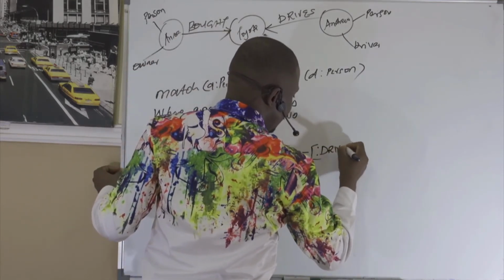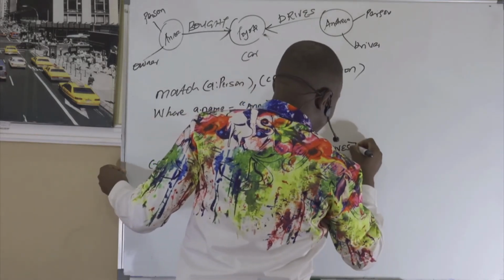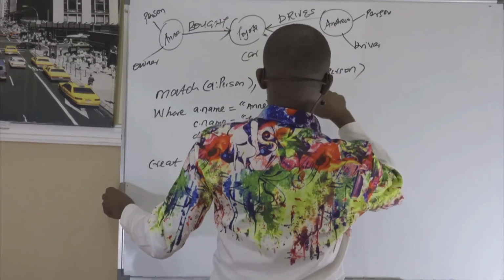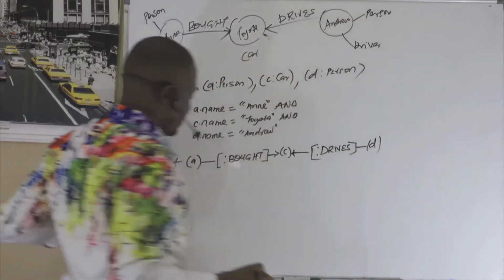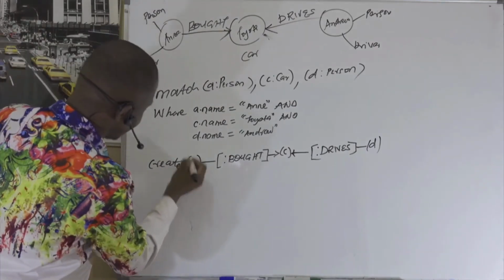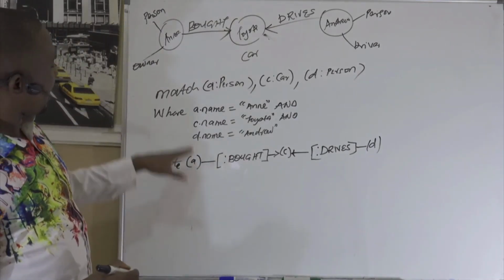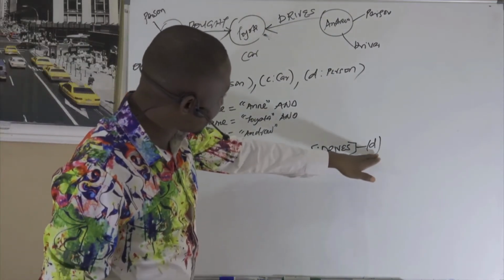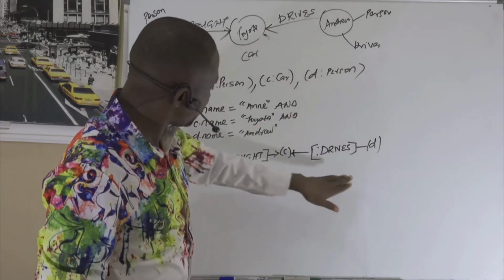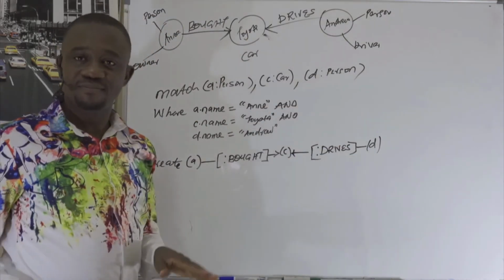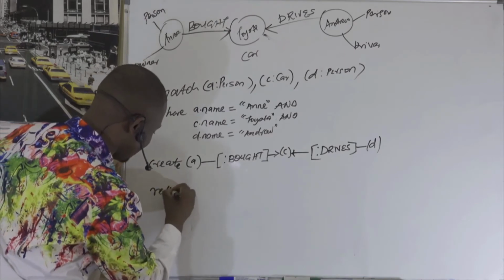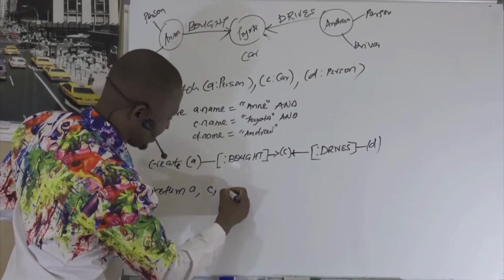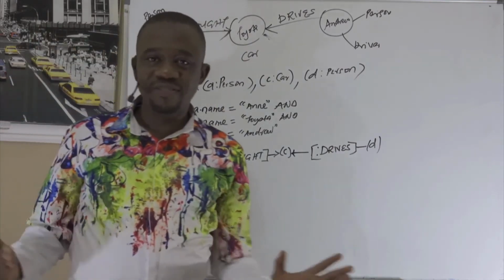Drives the car as D. Okay, see? Create A, who bought the car, and D, which is this, who drives the car. Then you can now return A, C, and D. Very simple.